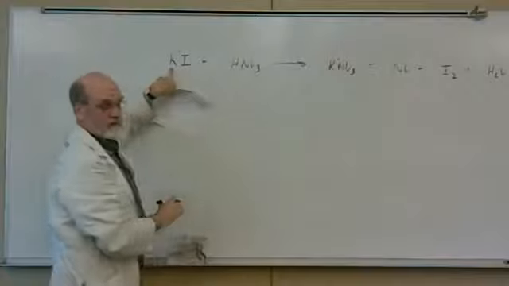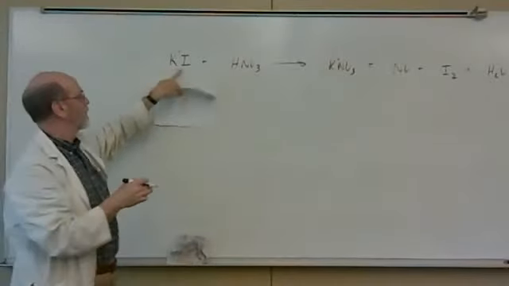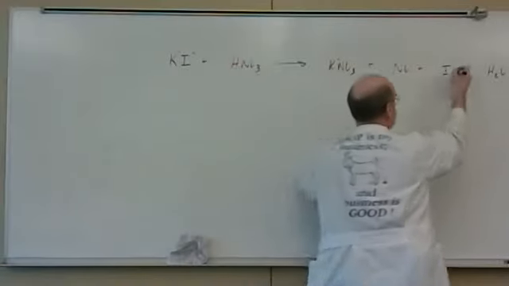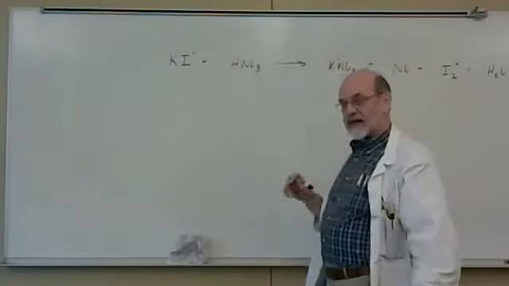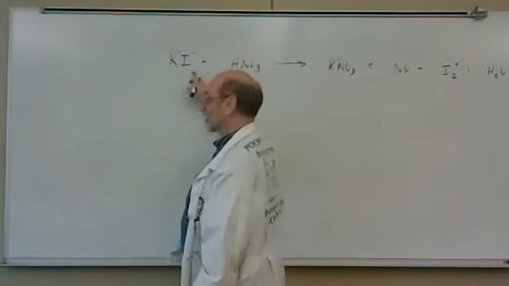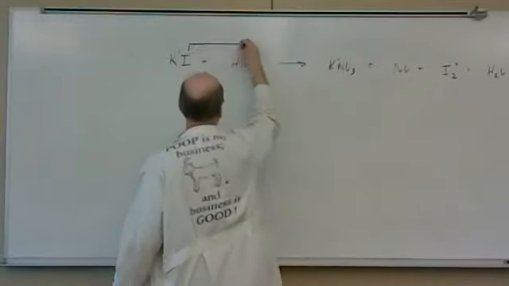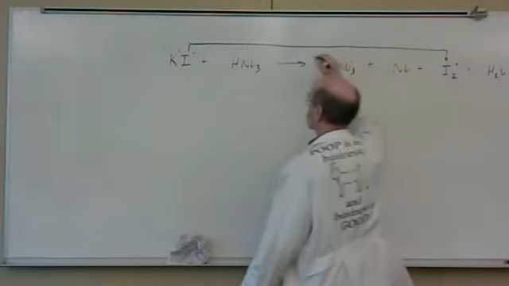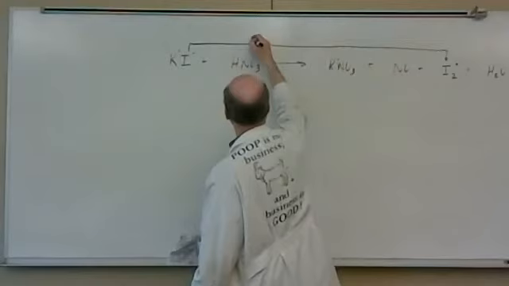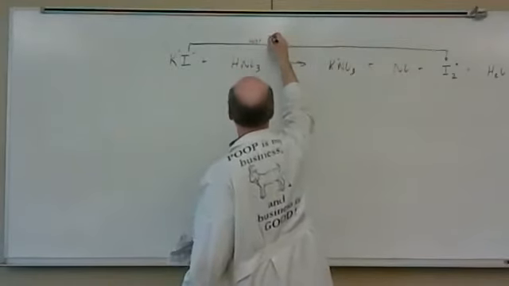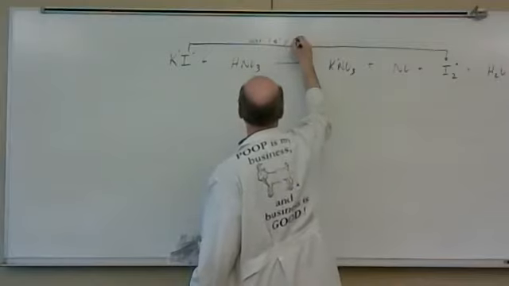Potassium is not changing. No electron transfer there. Iodine is -1 here, and over here it's 0. So iodine is being oxidized from -1 to 0. So loss from -1 to 0, 1 electron per iodine.